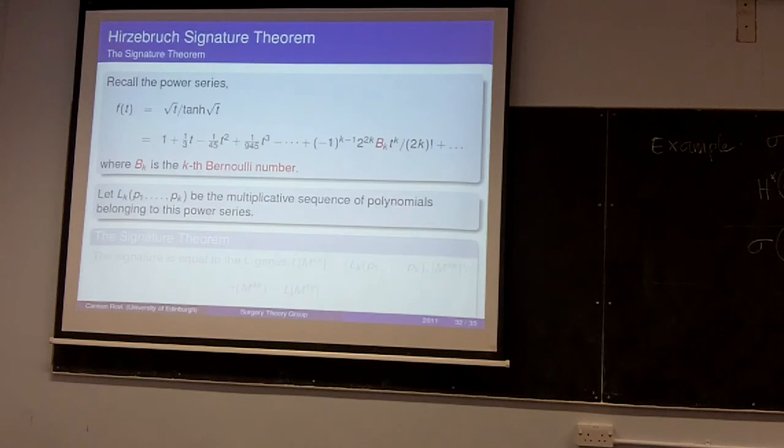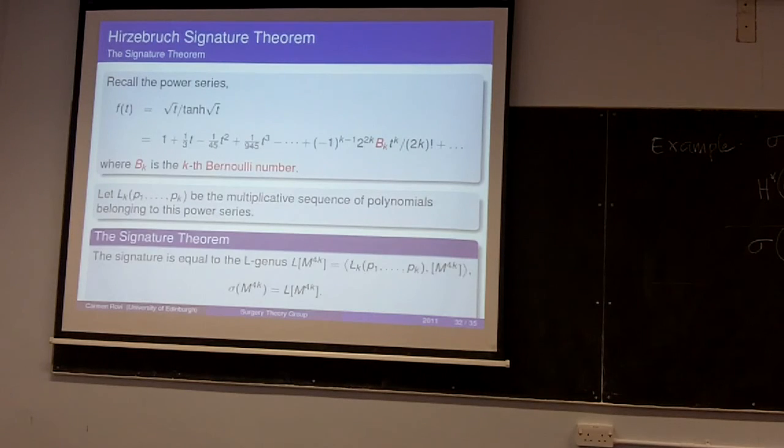So now we can state our signature theorem. Once we have our L genus and we are thinking about how to find the signature of a 4k dimensional manifold, surprisingly it's a tiny theorem, tiny because you don't need lots and lots of pages to write it, but it's really wonderful: the signature of the manifold equals the L genus of that manifold.